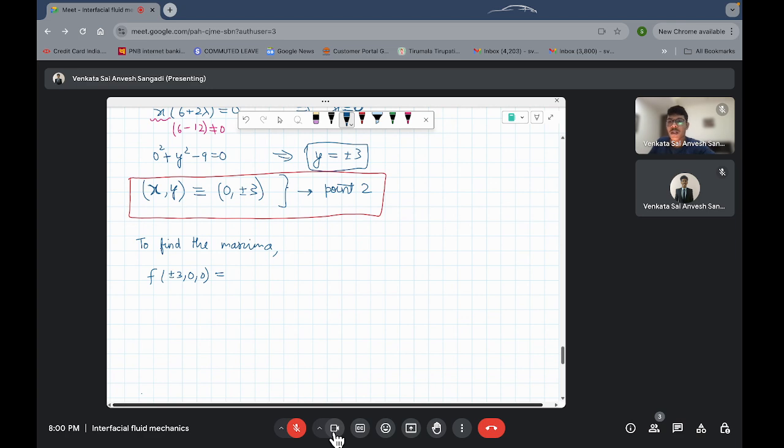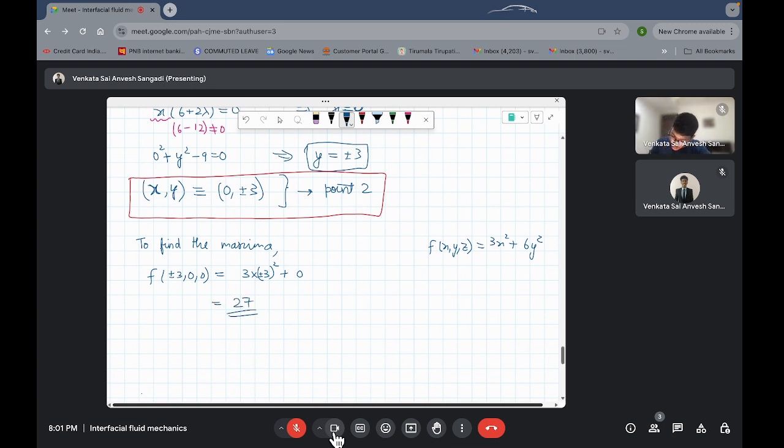and then remember f of x, y, z is given by 3x square plus 6y square, so this basically is 3 into (plus or minus 3) whole square, plus or minus won't matter here as it's a square, plus 0, which is equal to 27.